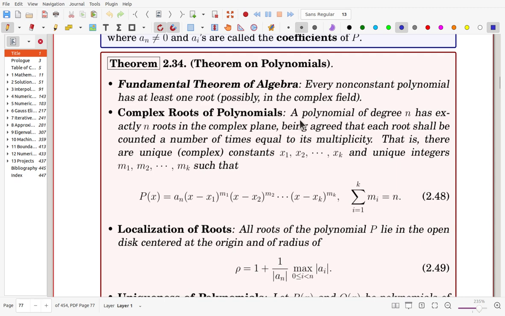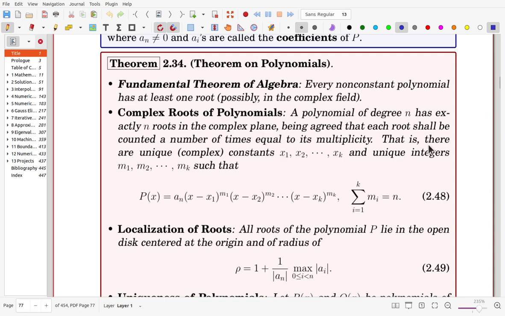theorem. A polynomial of degree n has exactly n roots in the complex plane. The number of roots must be counted along with its multiplicity.